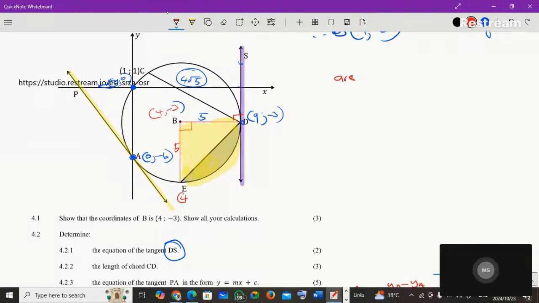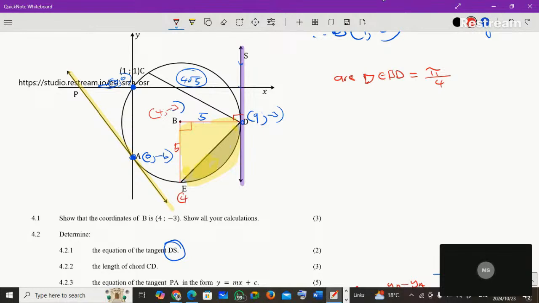So which is i-quarter circle, quarter circle u-EBD izaba ngubani la area? Izoba ngu pi r squared over 4 because a quarter.